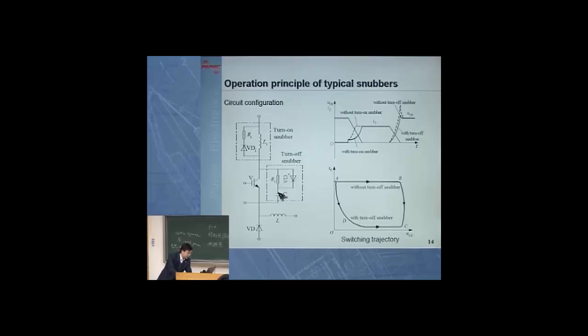This is just a resistor, capacitor, and diode. When this is turned off, this overvoltage will be absorbed by this capacitor. The energy stored in this parasitic inductor, this current, will flow first through this diode, because the equivalent resistance of the diode is very small.